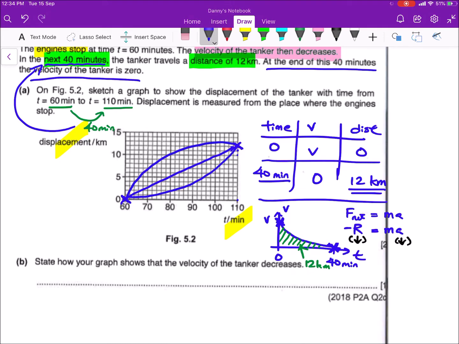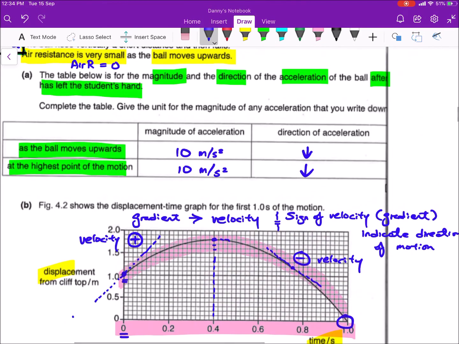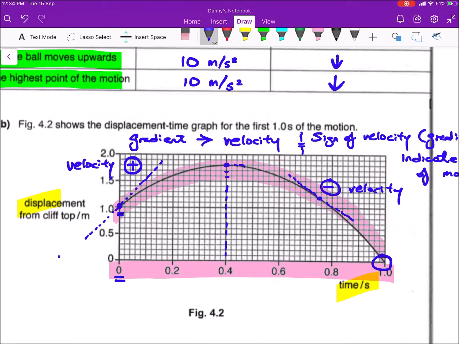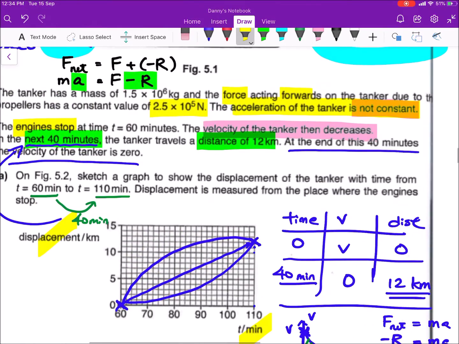So what we know from the previous question, if you scroll up, when we talk about displacement time graph, is that the gradient is actually the velocity, right? So let's go back down. Okay, so we'll copy the same thing. I know that the gradient is actually telling me the velocity.